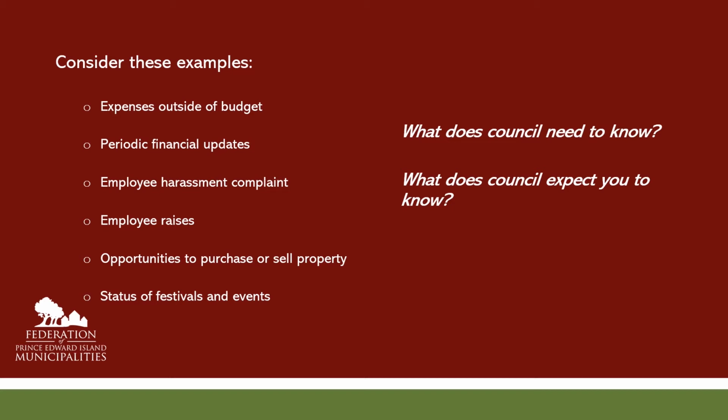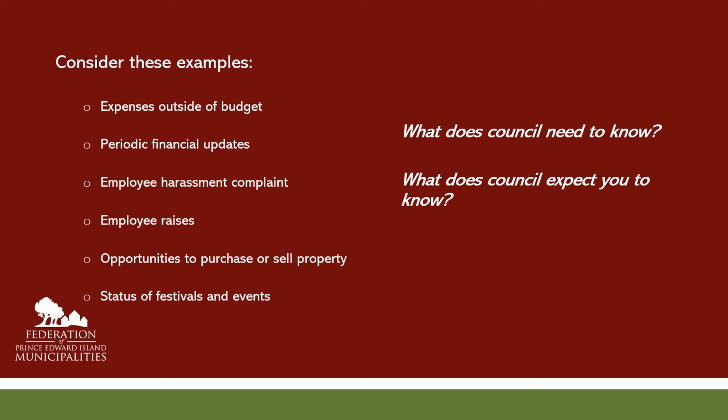When these decisions need to be made, first of all, what does council expect you to know? So what's within your own authority to deal with and may not actually need to go to council? Or what does council need to know in order to make a decision that is within their responsibility or purview?